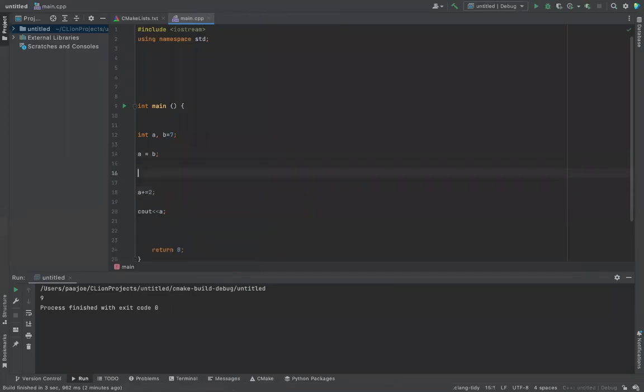Instead of you to make it A is equal to A plus 2, you can make it A plus is equal to 2 because this A is 7. And so when we add 2 to it, it should give us 9.